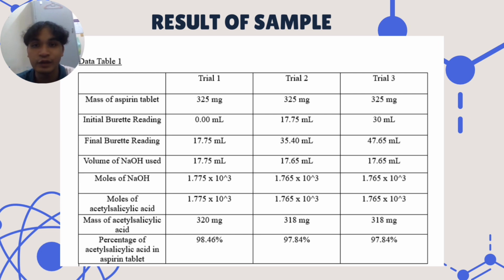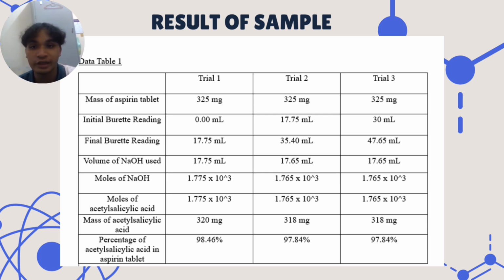So we have 3 trials: trial 1, trial 2, and trial 3. For the mass of aspirin tablet, we use the same mass for these 3 trials, which is 325 mg. For initial burette reading, for trial 1 we have 0.00 ml, trial 2 17.75 ml, trial 3 30 ml.